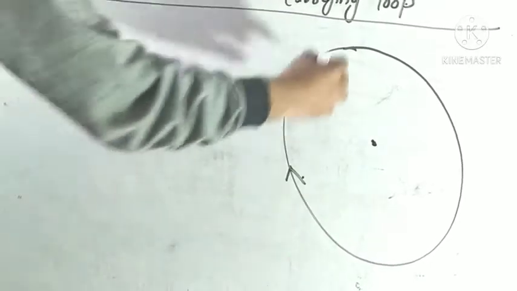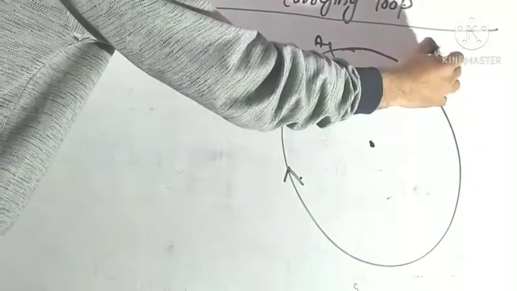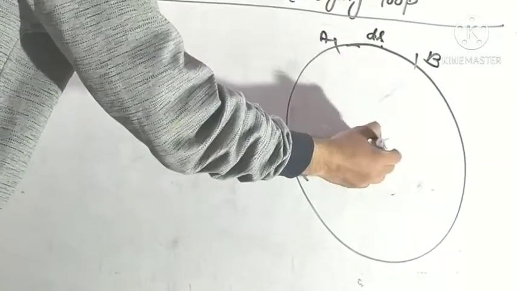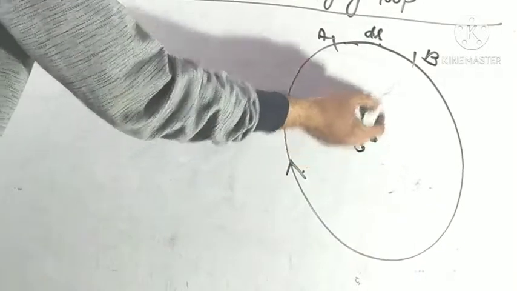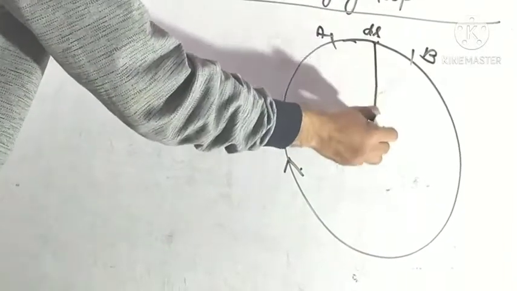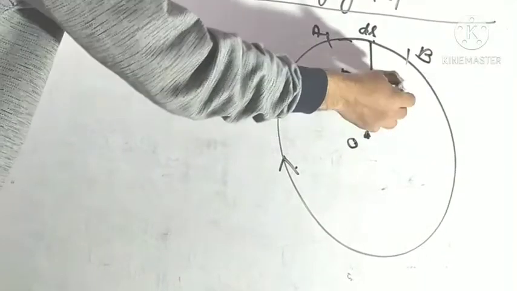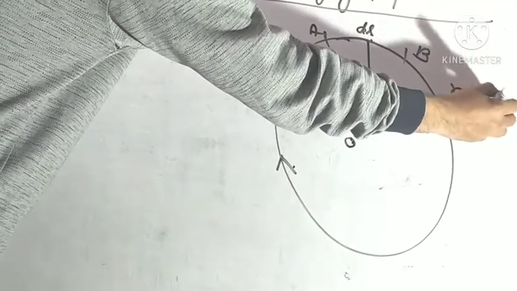We take a very small element AB having length dl. This is the point O, and the distance of point O from this small element is r, and the radius of this circular loop is capital R. So small r is equal to capital R here.